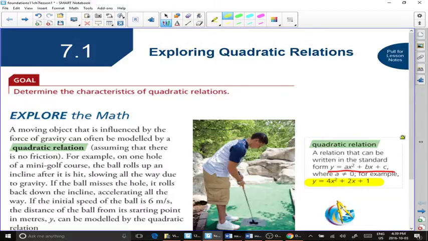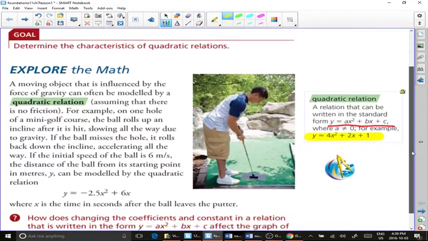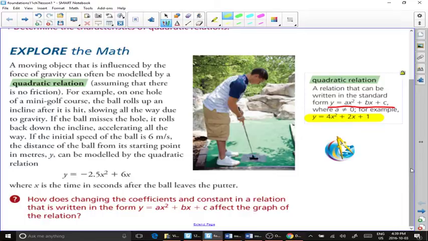What we're going to look at today is what happens to the quadratic when we change the values of A, B, and C. Now I know that not everybody has Desmos, but using Desmos is the easiest tool for me to show you how to do this.